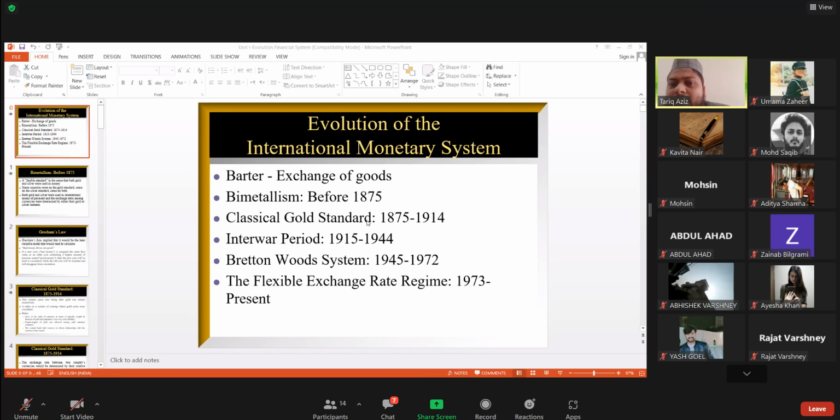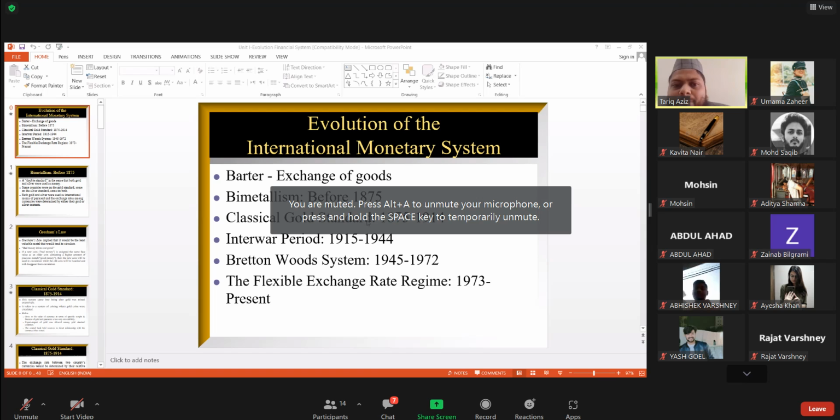We will continue talking about this classical gold standard in the next slides also, but I'm just giving you a bird's eye view of what happened over history, over time, and how we have ended up with this present financial system. So before the First World War, the system in existence is known as the classical gold standard.